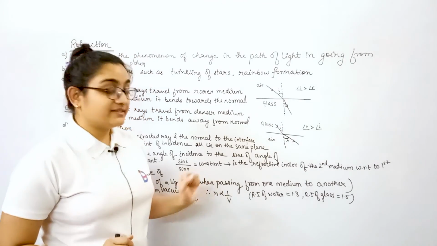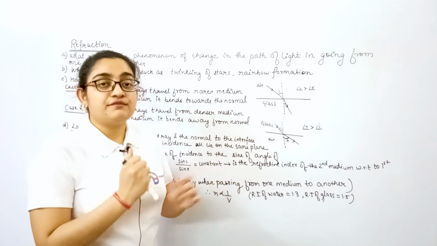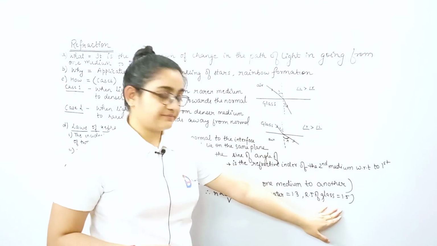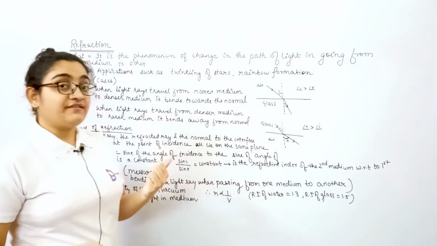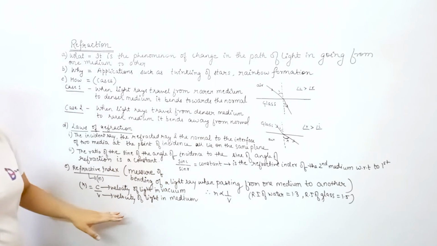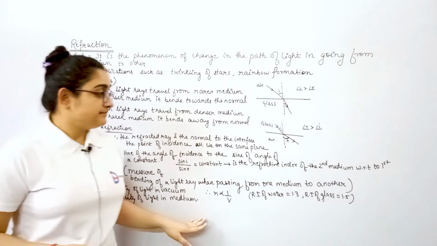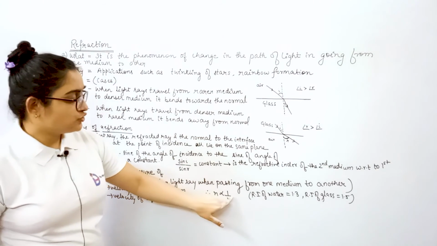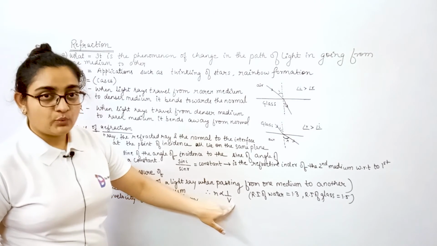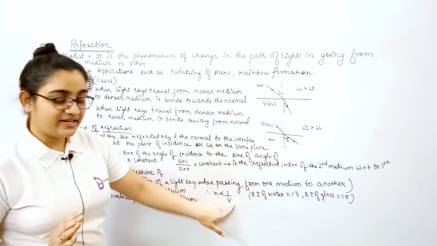Now you tell me which one is greater, which one is having higher refractive index? Glass. Glass is having higher refractive index. So if the glass is having high refractive index, what will be the velocity of light in this medium, that is in glass? High refractive index. So velocity of light, what will happen? Will decrease. Are you getting it?